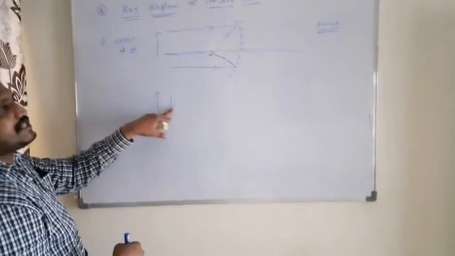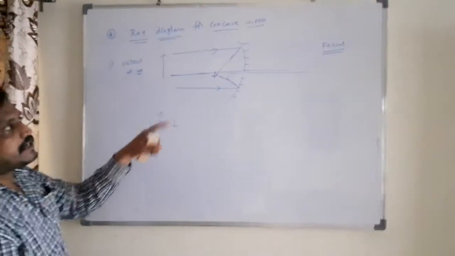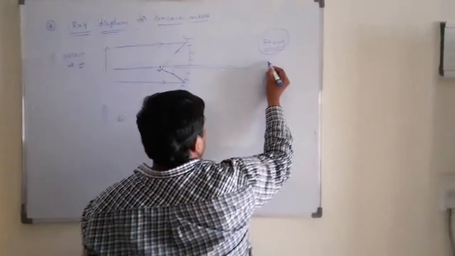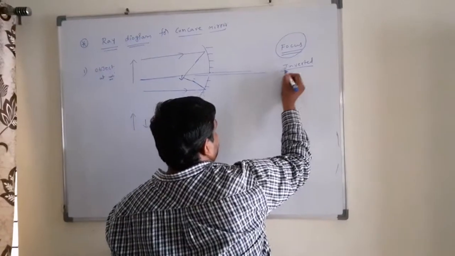The image is head down, so the image is inverted. Where is the final image formed? At the principal focus. The image is inverted.